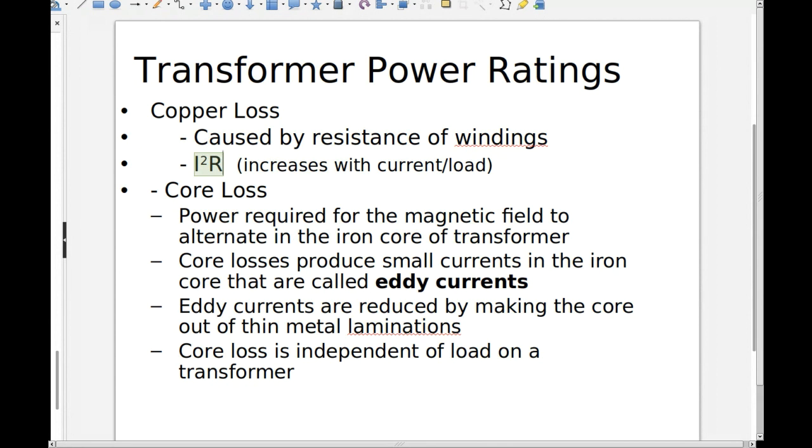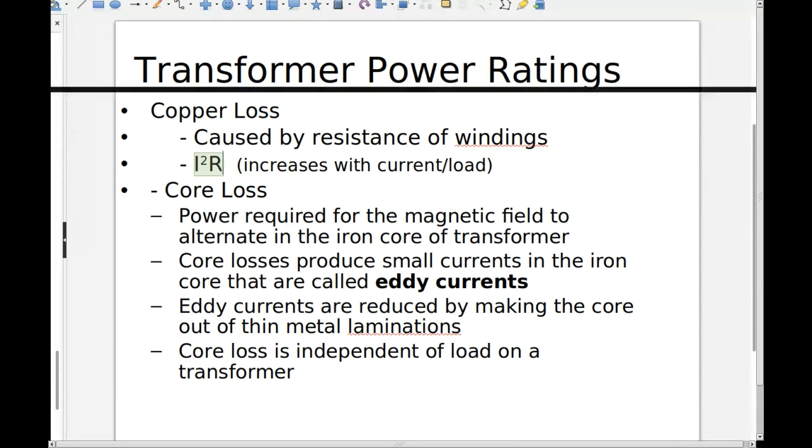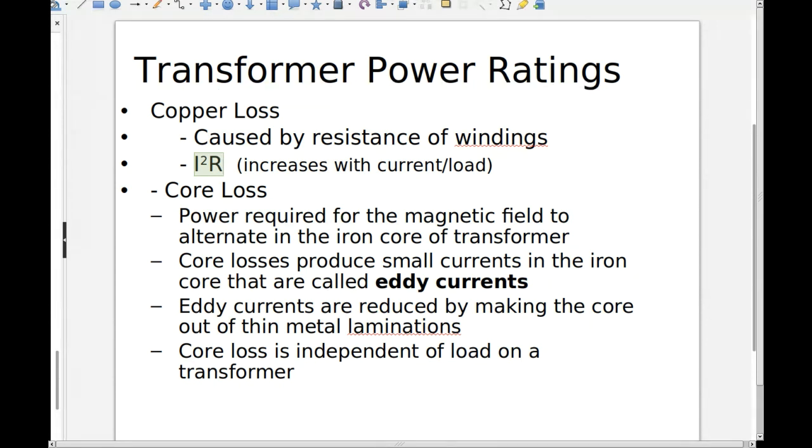It's going to have 100 times more current on the primary side because your voltage is lower, but then you're stepping up. So the voltage is going up, but the current is going to drop. So one side of your windings is going to have a very wide diameter wire, and the other side will have a low.